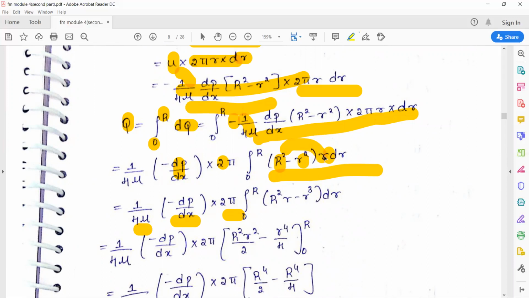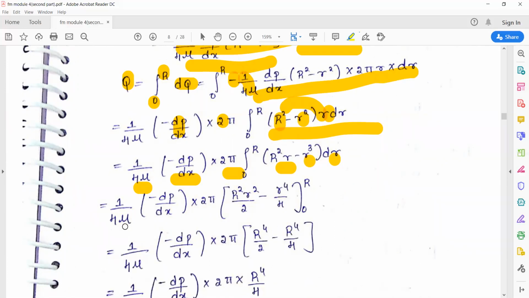They have multiplied this small r, so it becomes capital R square into r, and small r into r square is r cube, into dr. Afterwards, in the next step, again 1 by 4 mu into minus dp by dx into 2 pi, they have integrated: capital R square into integration of r dr, and r dr integrates to r square by 2, and integration of r cube dr is r to the power of 4 divided by 4.